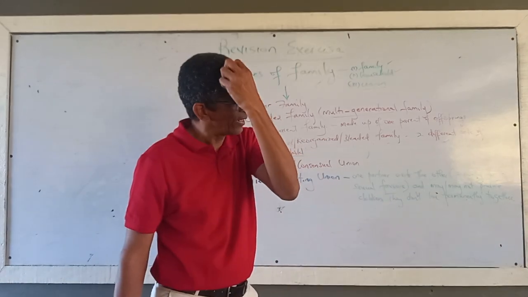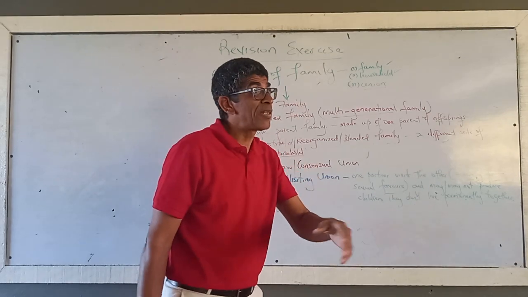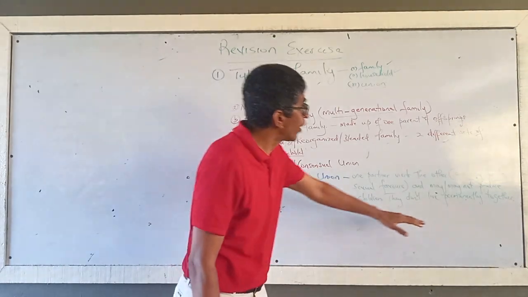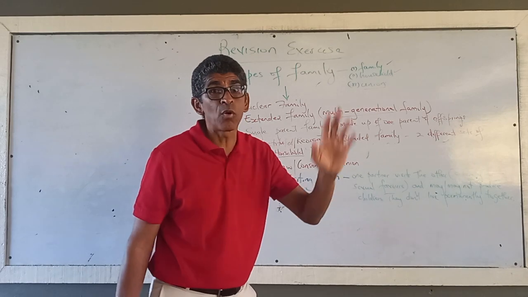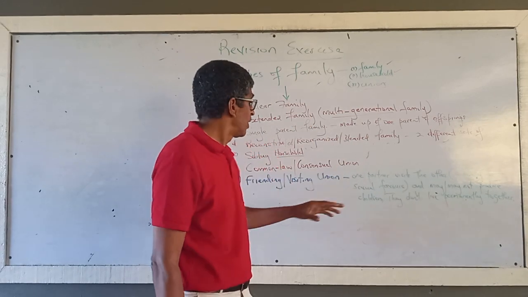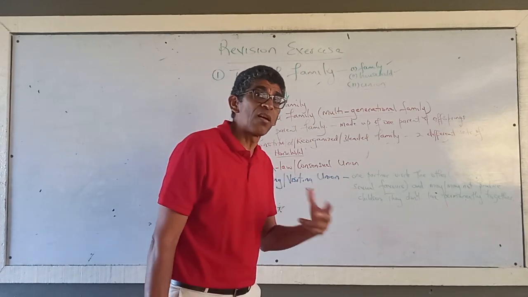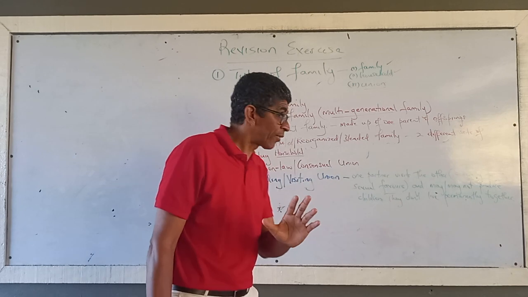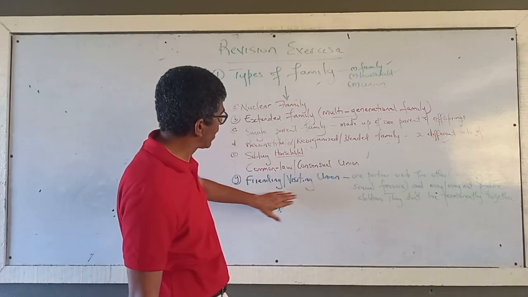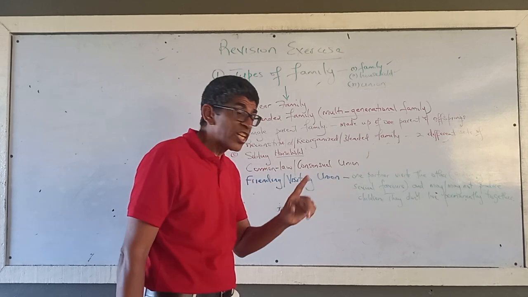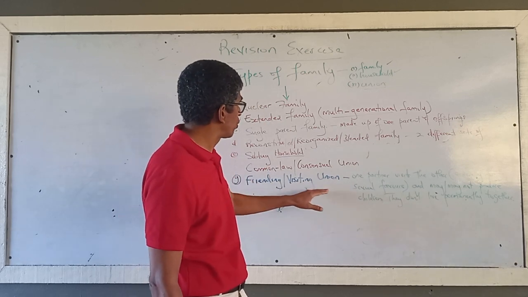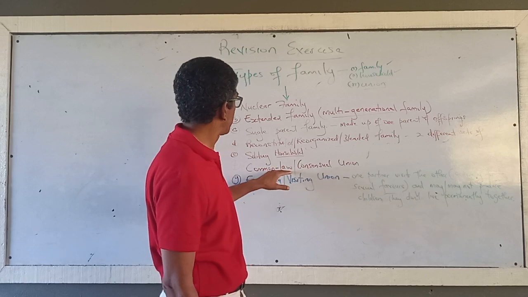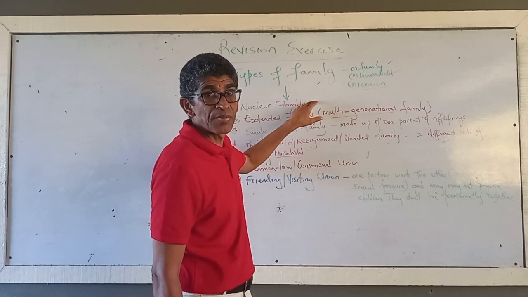Well, it's not necessarily a night. They may spend a week or they may spend a couple of days. But the other one generally moves away, goes back to where he's from. So they only pop in and pop out if you understand the context. Alright? But anytime they decide that they're going to settle down together, then this type of family changes from a friending or visiting union to a consensual common law or a nuclear family type setting.